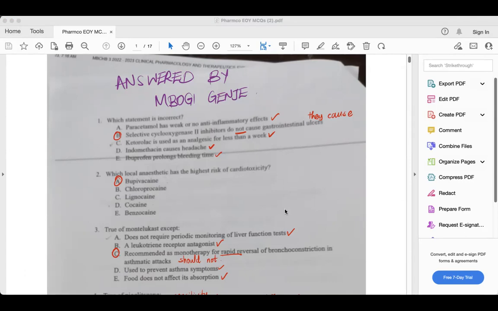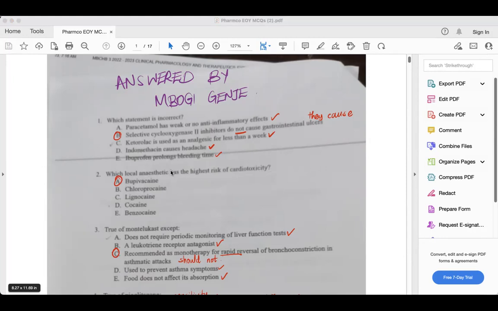So the question was asking about paracetamol. Choice A is talking about paracetamol having weak or no anti-inflammatory effects. Paracetamol is acetaminophen. It is an active metabolite of phenacetin.